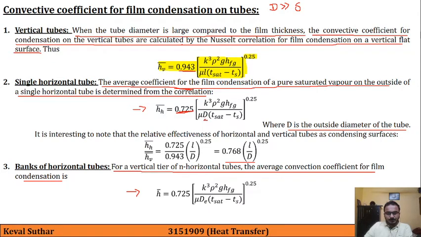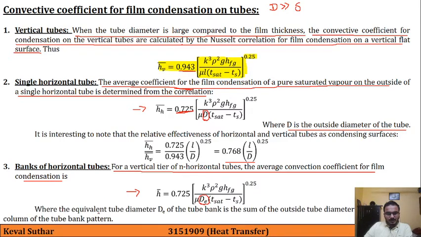Here it was D and here it is DE, where DE is the equivalent tube diameter of the tube bank, which is the sum of outside tube diameters in a vertical column of tube bank pattern.